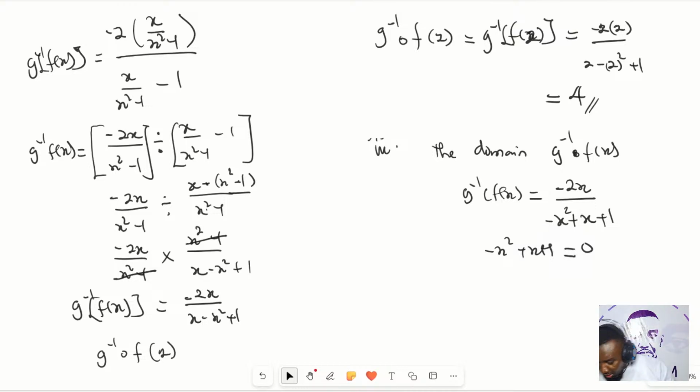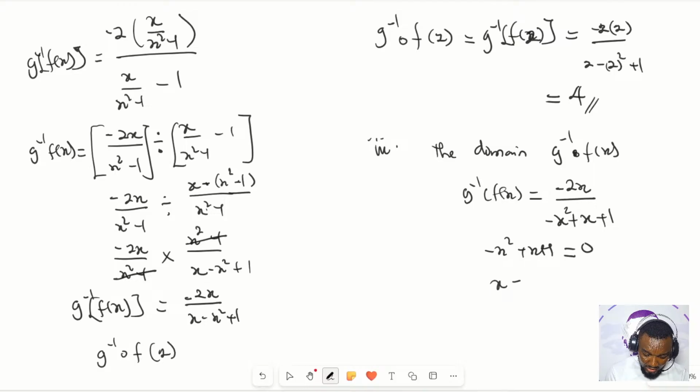So we can use the calculator, go to equations, go to 5, and then go to 3. Then the coefficient of x squared is -1, the coefficient of x is 1, and the constant is 1. We don't get whole number values, but we get some decimal values, or we can write them in surd form, right?